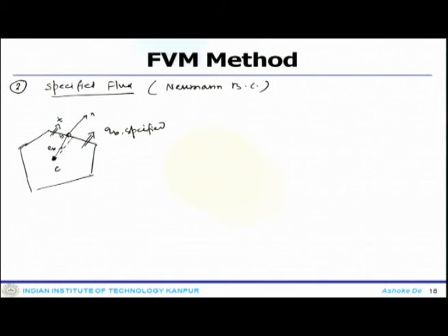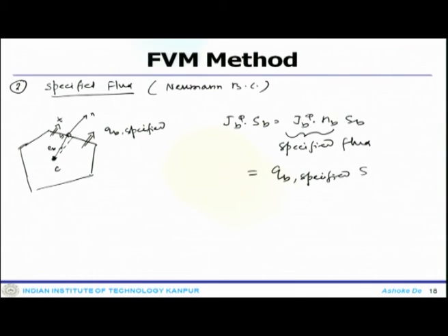specified. Okay. So, once you do that, then your JB phi dot SB would be JB phi dot NB SB. Okay. So, this is your specified flux, which is nothing but QB specified SB.